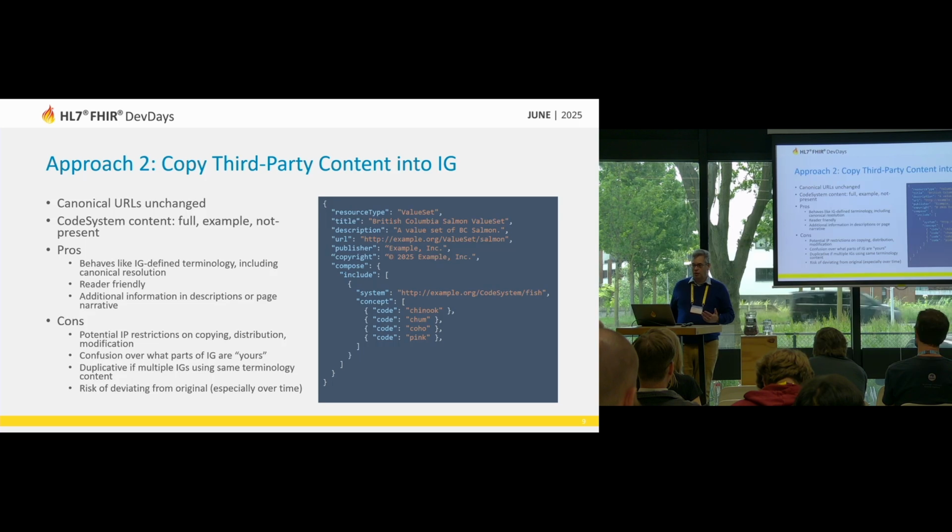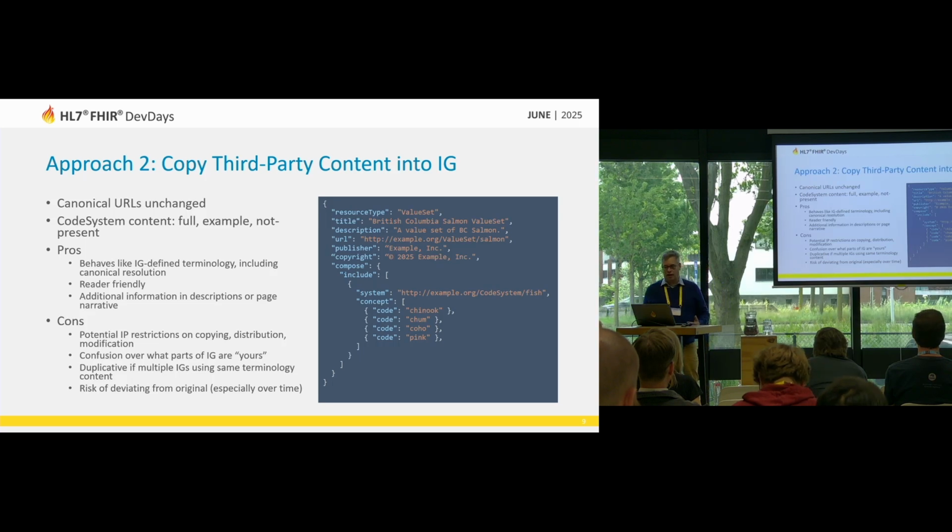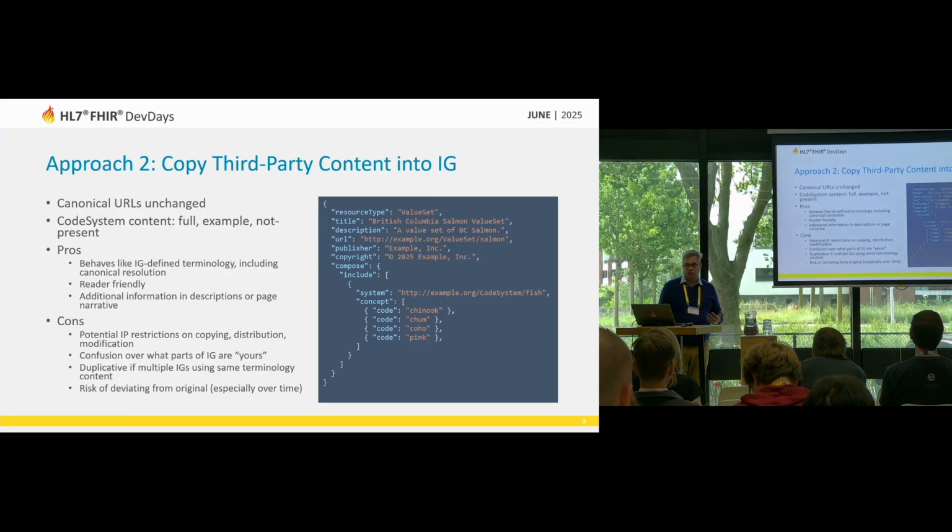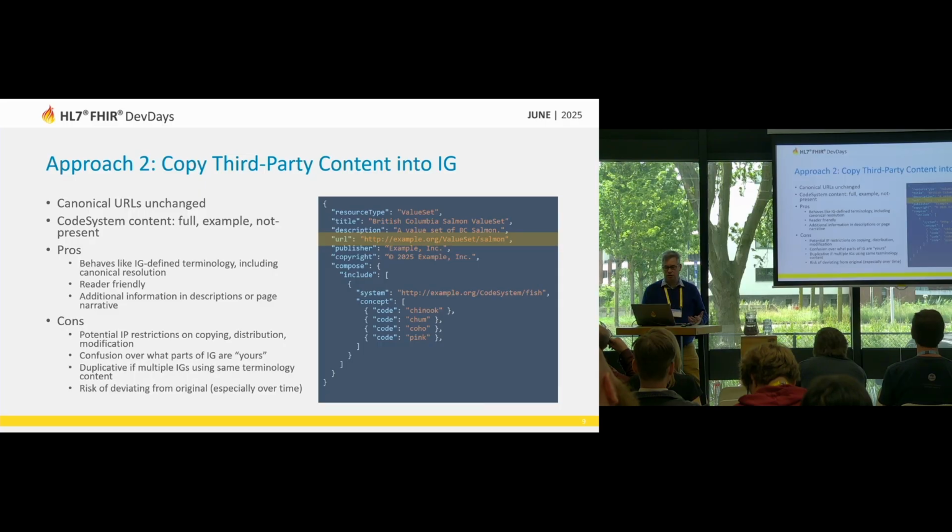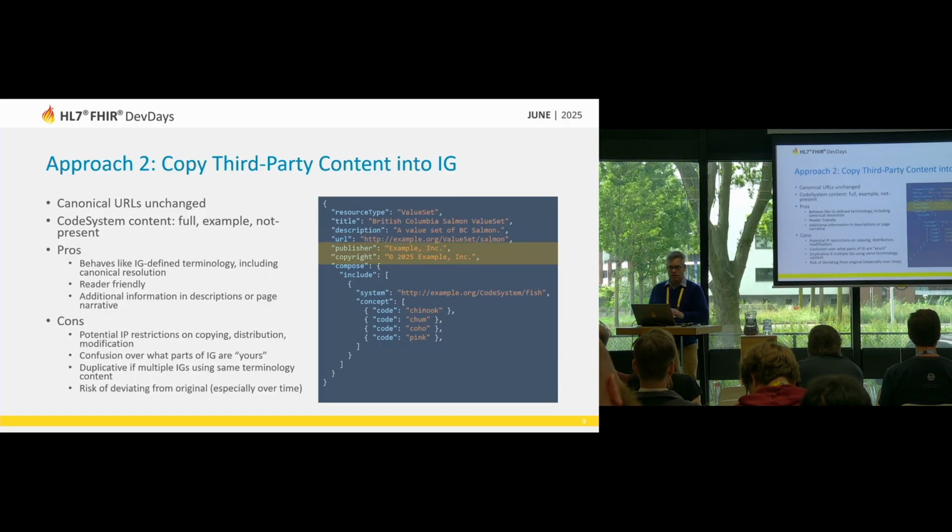Another option we tried was to just copy the external value set or code system and add it directly to our IG. So this assumes that the terminology is available as a FHIR resource, but not necessarily from a FHIR terminology server. The external resource keeps its original canonical URL, along with leaving most of the other elements, such as the publisher, unchanged.